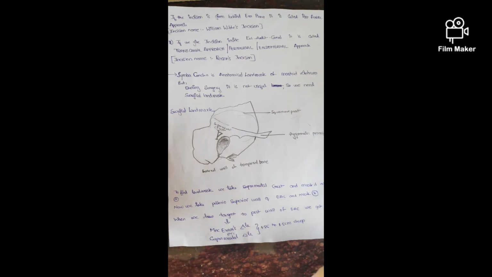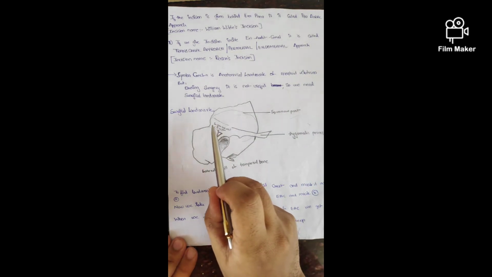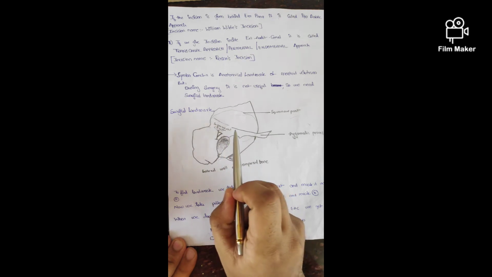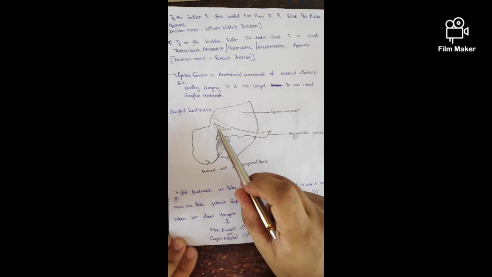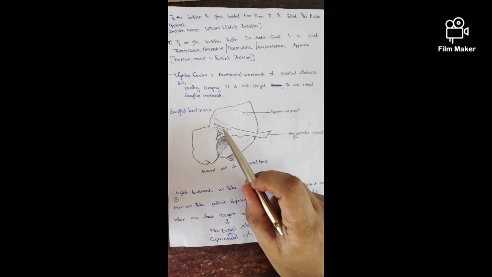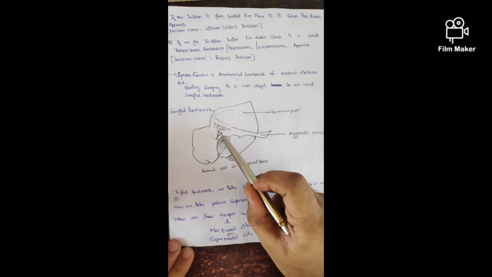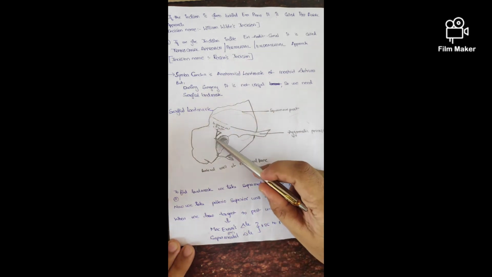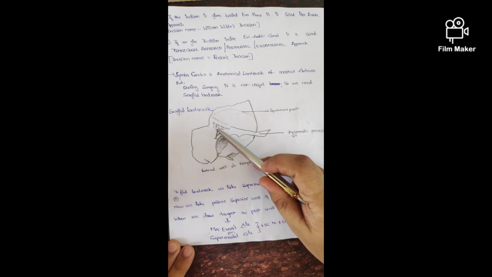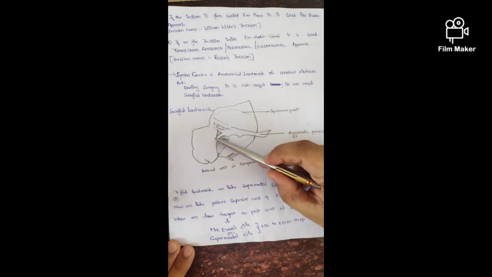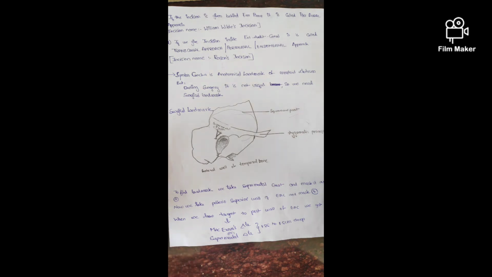To find the surgical landmark, we take the suprameatal crest, an extension of the zygomatic process, and mark it as A, and the posterior superior wall of the ear canal as B. Now if we draw a tangent between them, we get a triangle. That triangle is known as MacEwen's triangle or suprameatal triangle. It acts as the surgical landmark for the mastoid antrum.